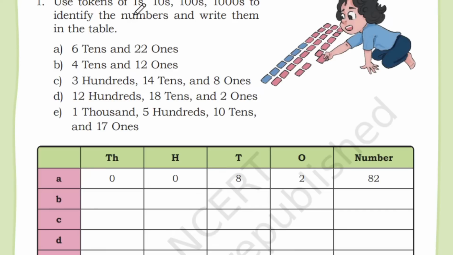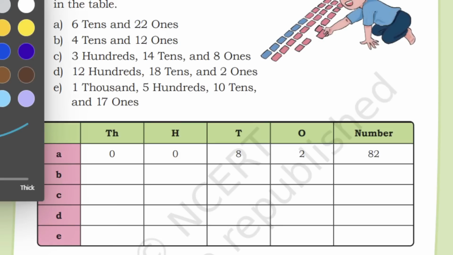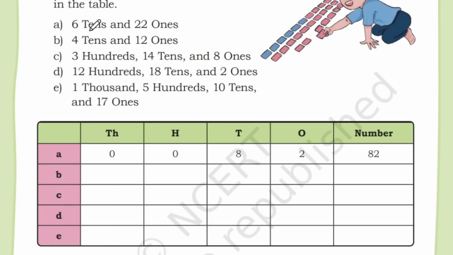Use tokens of ones, tens, hundreds and thousands to identify the numbers and write them in the table. Here we have tokens arranged, so we need to fill this table out. Okay, let's complete this. We have 6 tens and 22 ones.